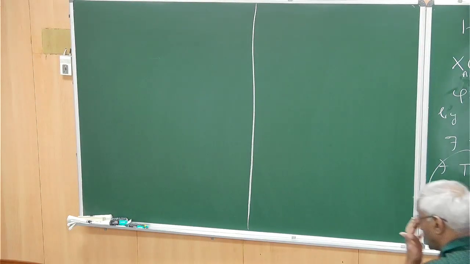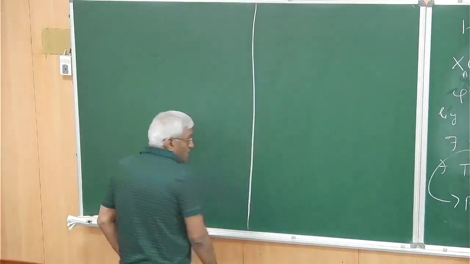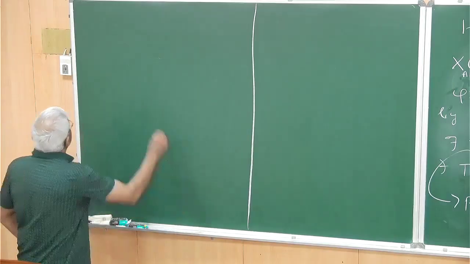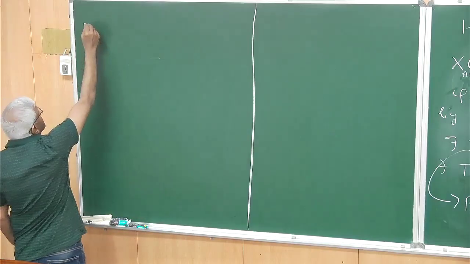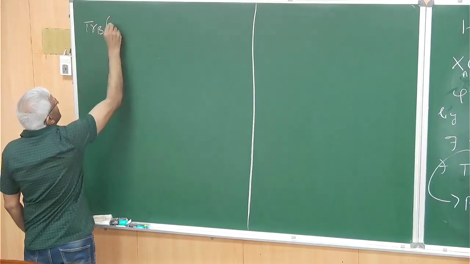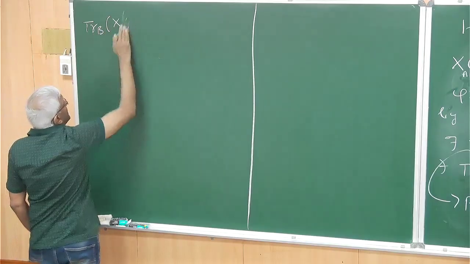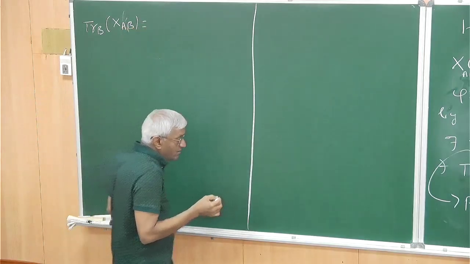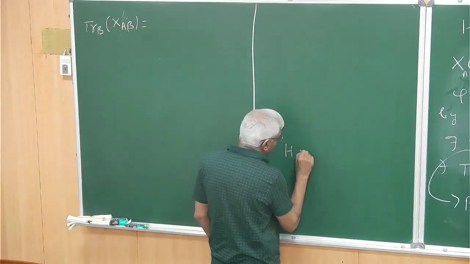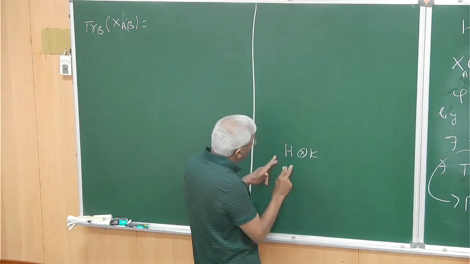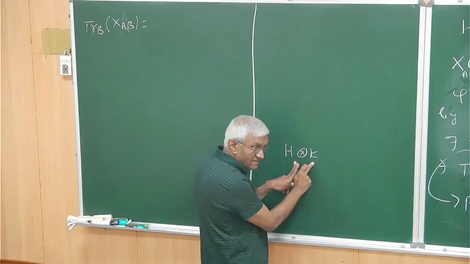On the other hand, what is the trace with respect to the first entry? We can also define it like this: trace of B of any x_AB equal to, see, if we have two Hilbert spaces H tensor K, there is no canonical way you can embed H into this.